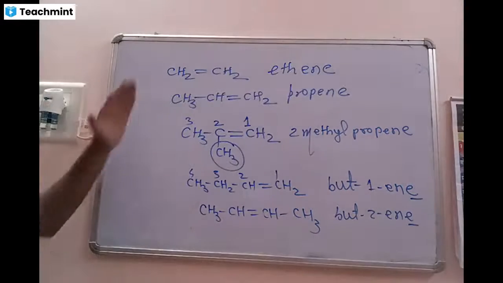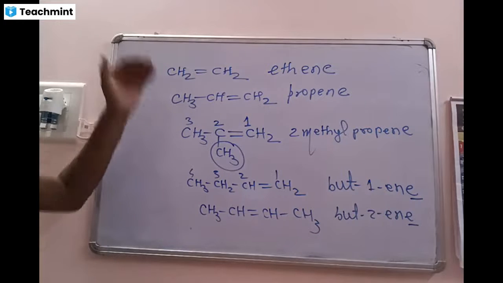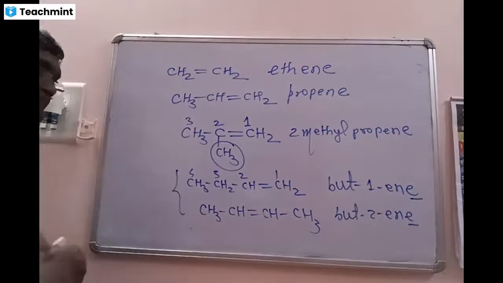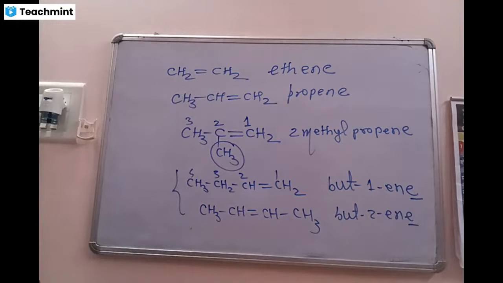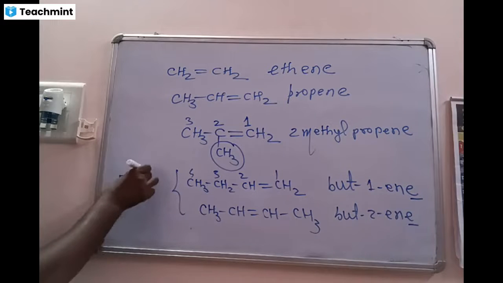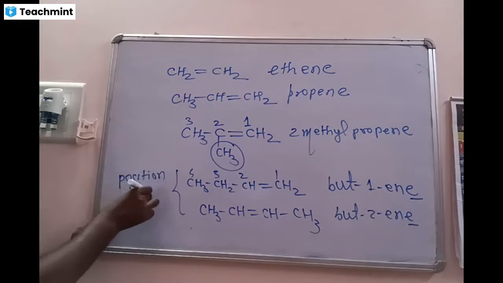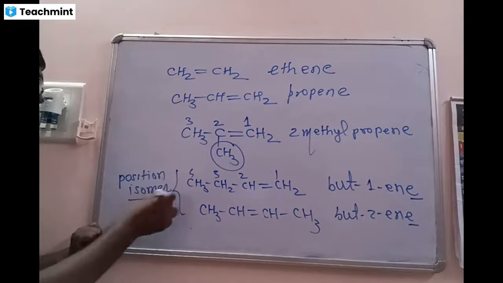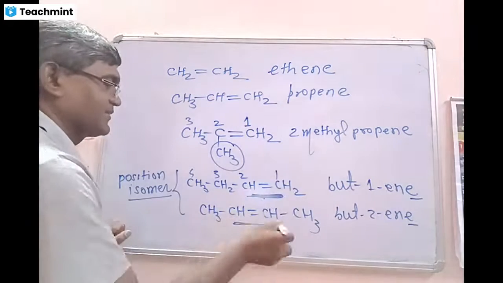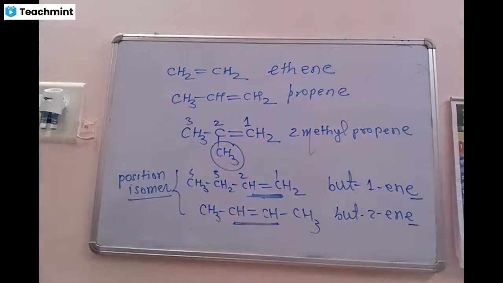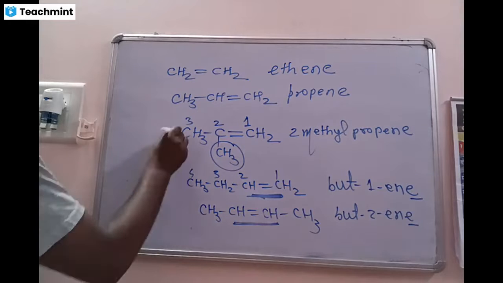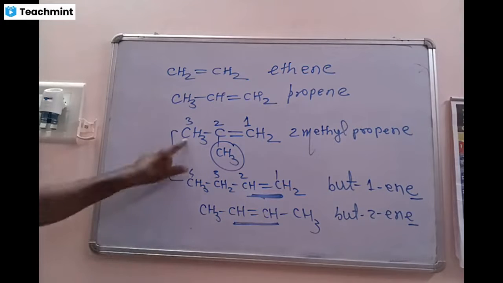So shall I write the earlier two? What about these two? These are position isomers, right? Yes. Which position are you considering? You are considering the position of the carbon-carbon double bond. If you consider these two, then number of carbons 1, 2, 3, 4.